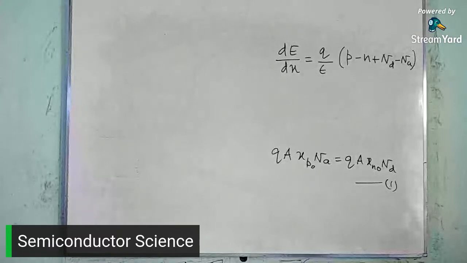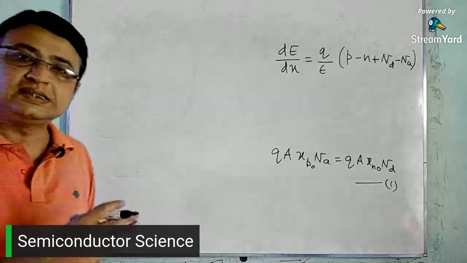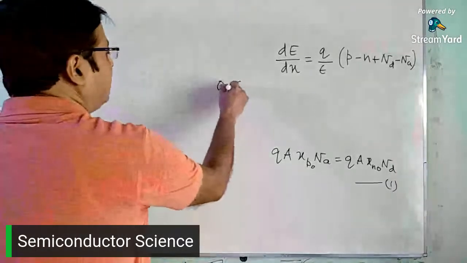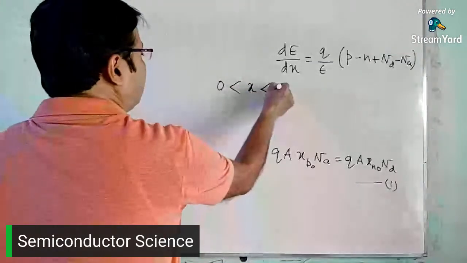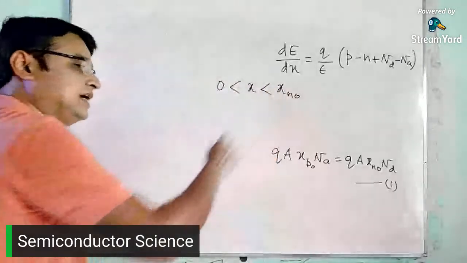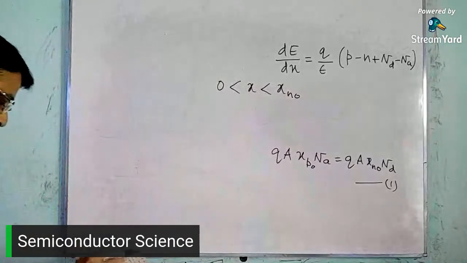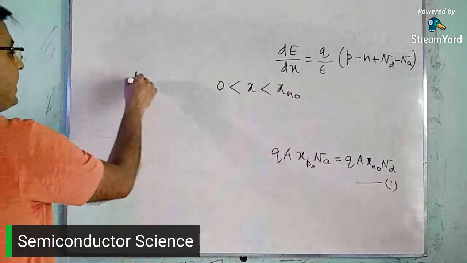Now, for the region inside the n-type side, that is 0 less than x less than xn0, this equation should be dE/dx.